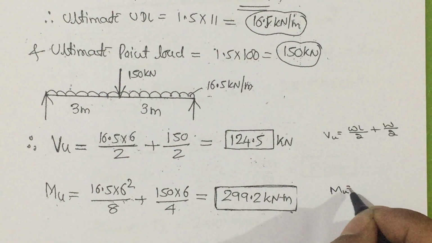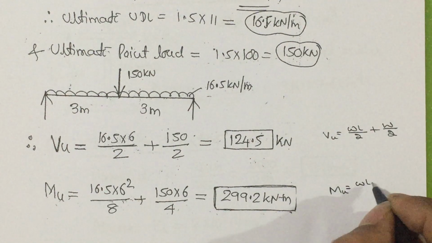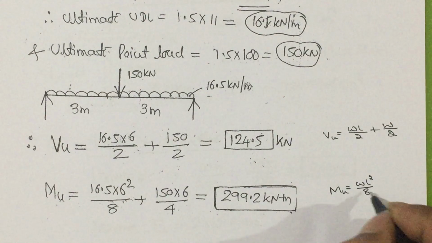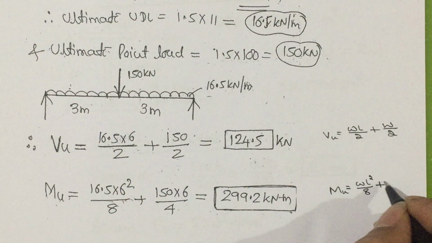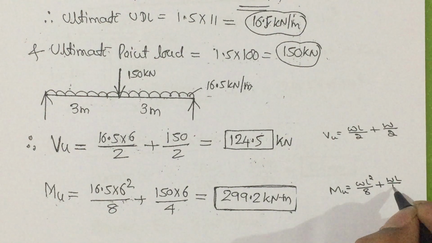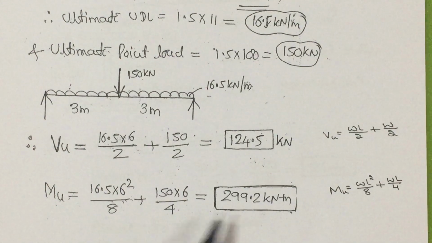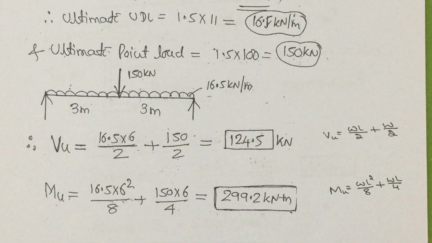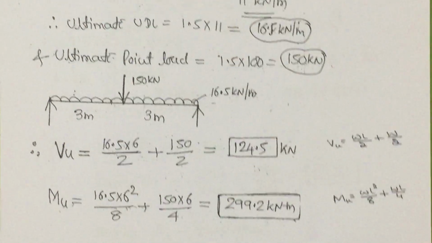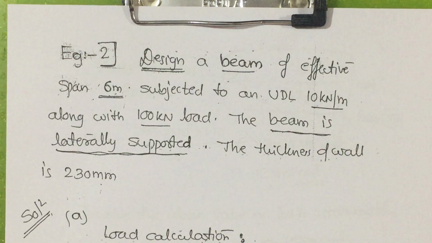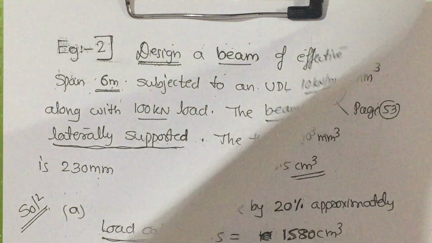This is for moment. For UDL it is WL square by 8. For point load it is WL by 4. So, substitute the values, you are going to get VU and MU values 124.5 and 299.2. Okay. Once you get VU and MU, the load calculation is over.